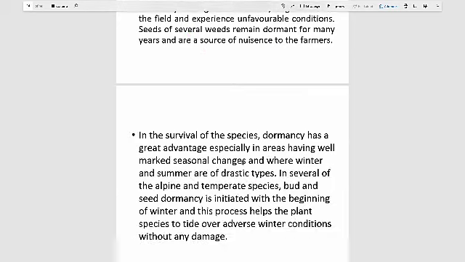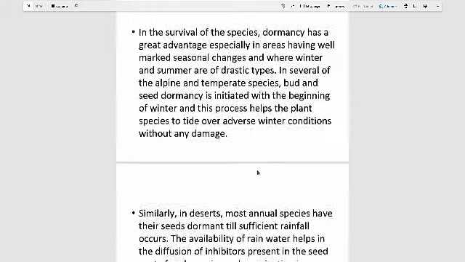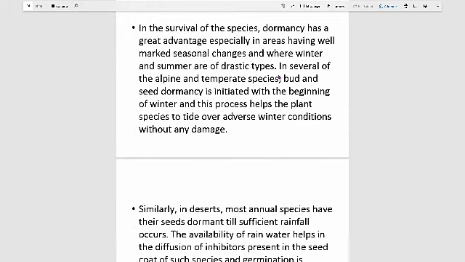For the survival of species, dormancy has a great advantage, especially in the areas having well-marked seasonal changes and where the winter and summer are of drastic types. In several alpine and temperate species, bud and seed dormancy is initiated with the beginning of winter, and this process helps the plant species to tide over adverse winter conditions without any damage.